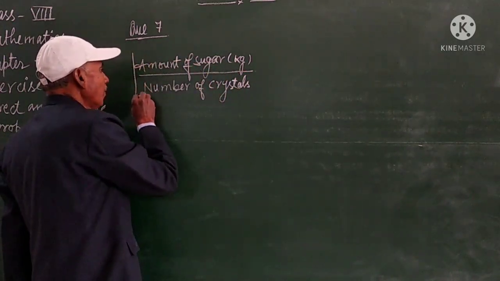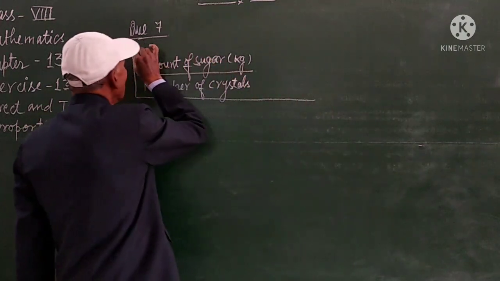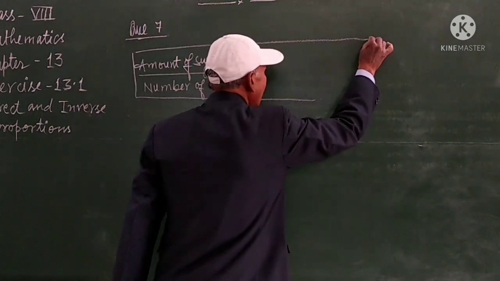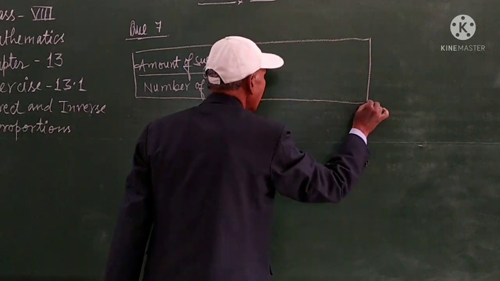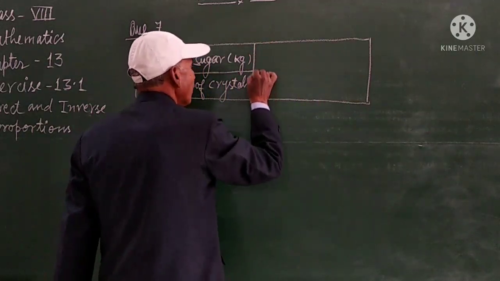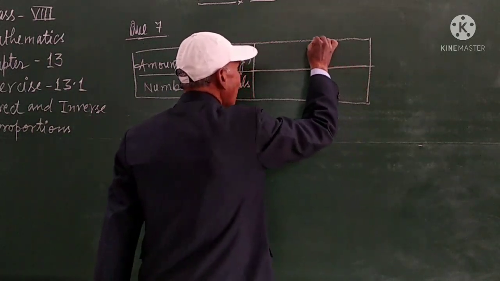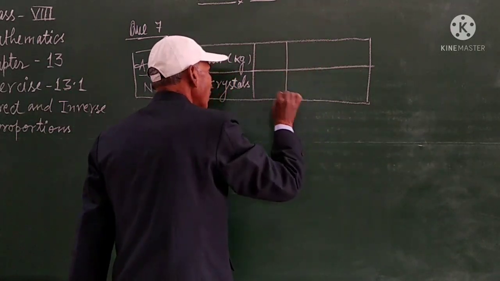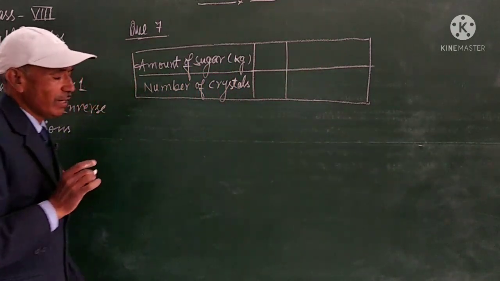So first of all, we have to make a table like this, student. There are two parts, and the first ratio is given.